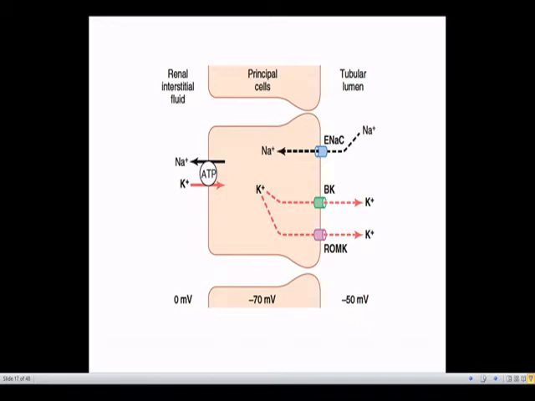Big potassium or BK is the abbreviation for big potassium channel. ENaC is the epithelial sodium channel, and ROMK is renal outer medullary potassium channel.